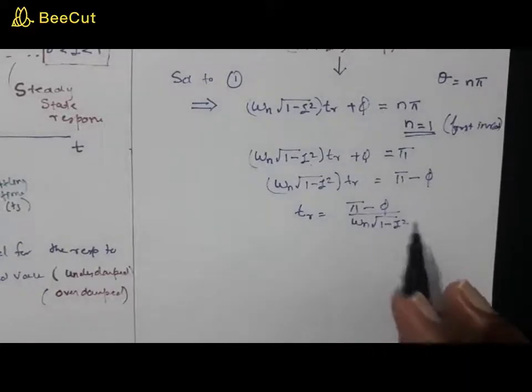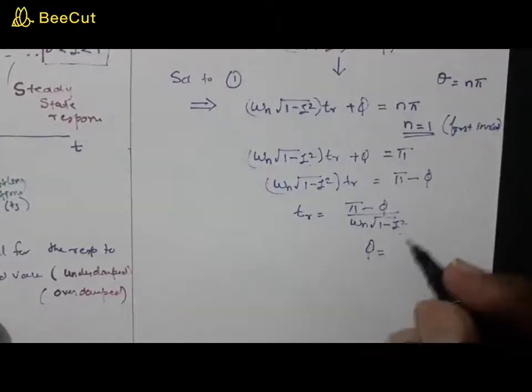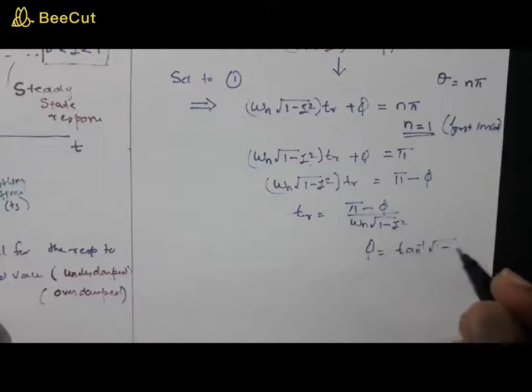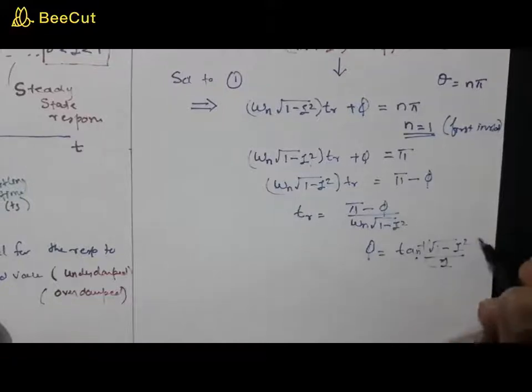Now you can know what phi is, where phi is actually equal to tan inverse of root of 1 minus theta square by theta. So this is it.